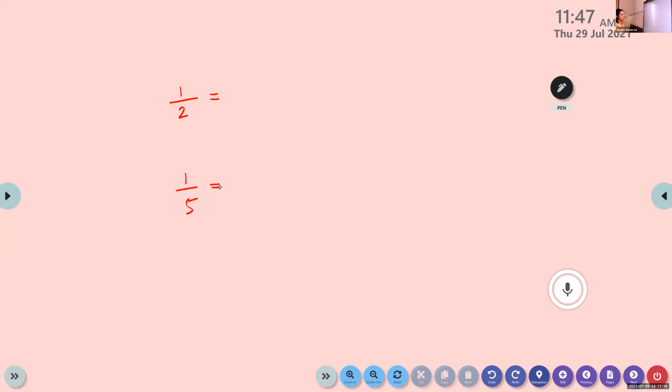What is 1/2 in decimal form? 0.5. And 1/5 means it is 0.2. If you make it decimal, it will be easy. So we want to give a number between 0.2 and 0.5.